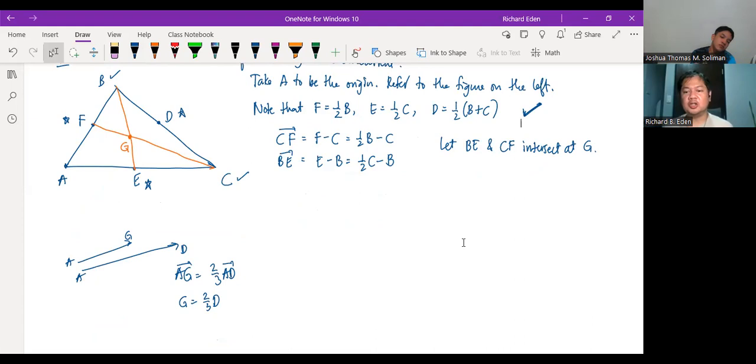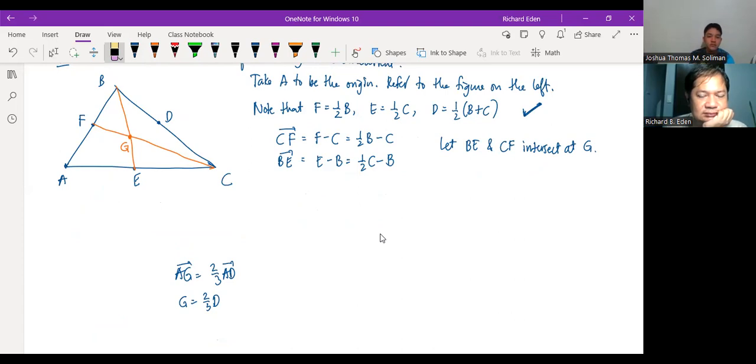The orthocenter, the circumcenter, the incenter, we should be able to express them in terms of B and C. Okay, but then let's figure out how exactly that's gonna appear, or how that's gonna look like.